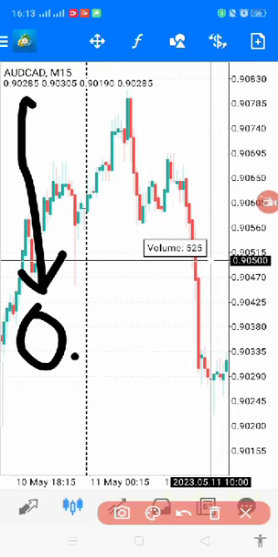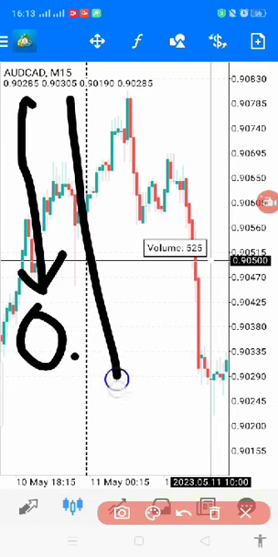Then this second one here represents the high, the highest price that candle went in this 15 minutes time frame.